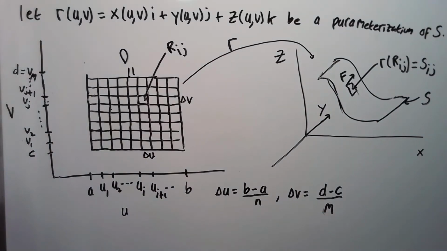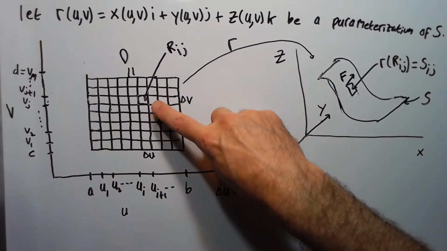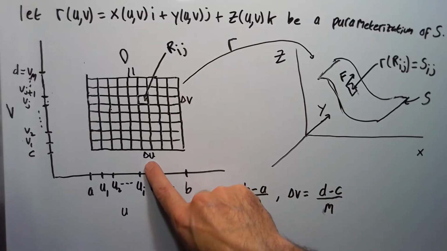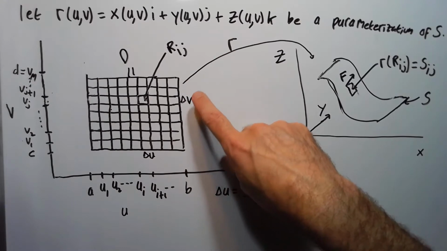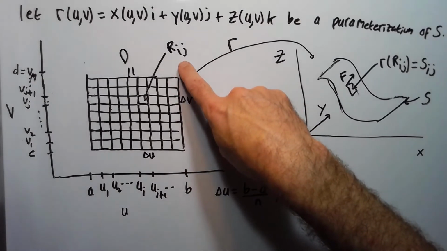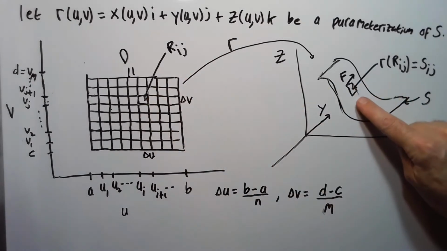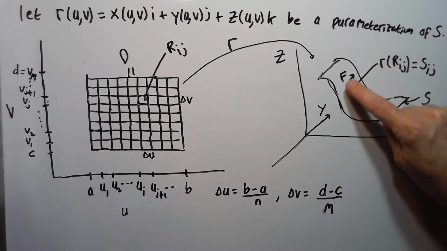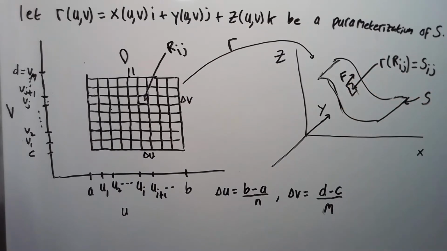Let's look at the typical rectangle over here, calling it Rij. I'm assuming the rectangle is delta u this way, delta v this way. So my Rij will map onto the little patch over here. And then you'll have your velocity field coming through here, so your fluid. Let me just show you with the mesh again.